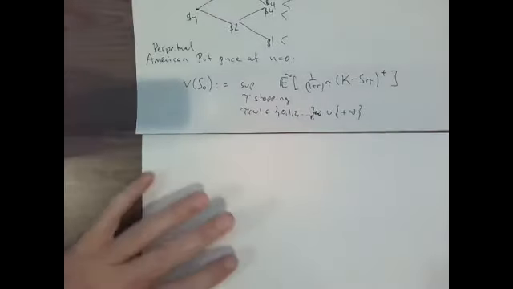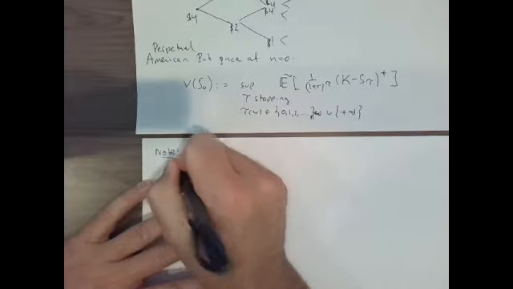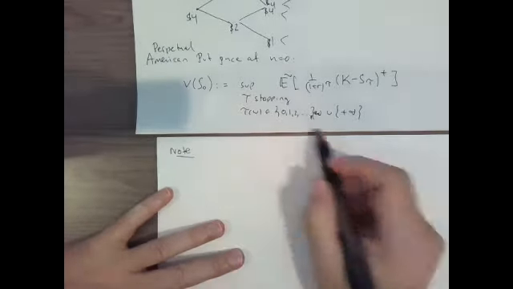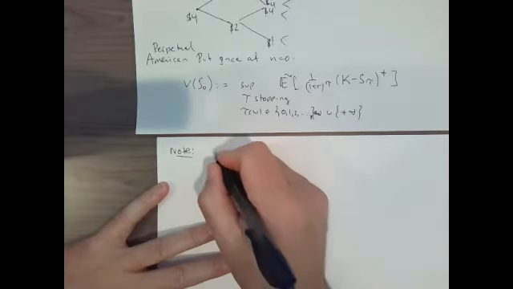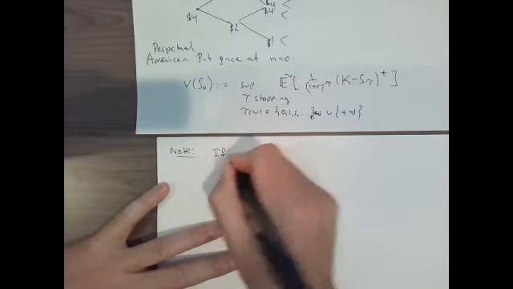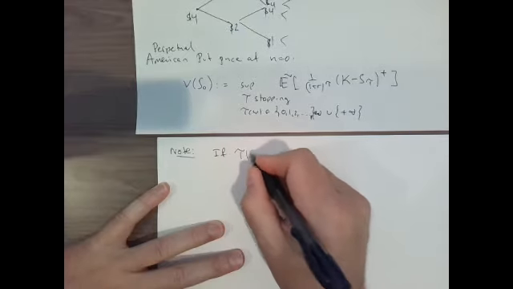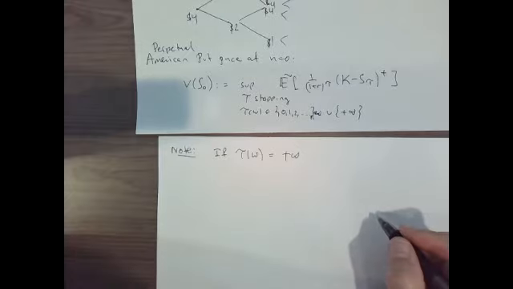So maybe just a few things to note. One could think about what happens if tau of omega is equal to plus infinity.